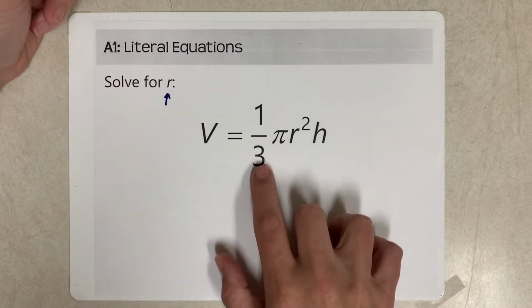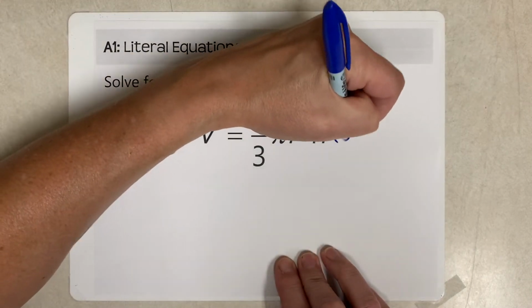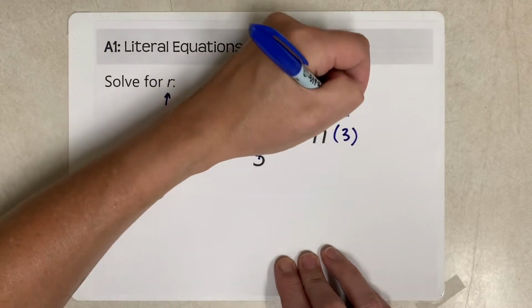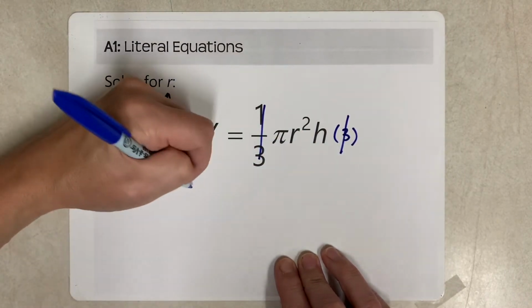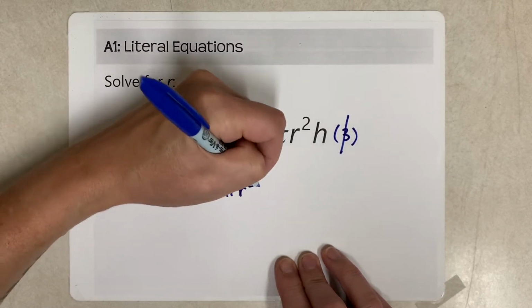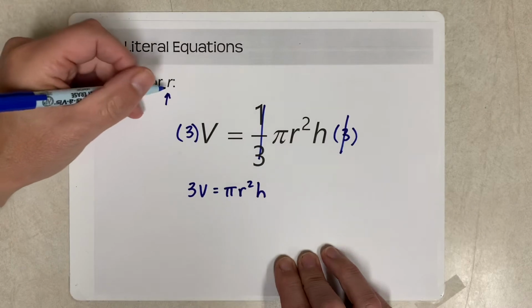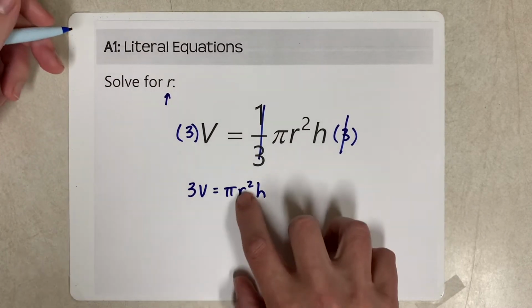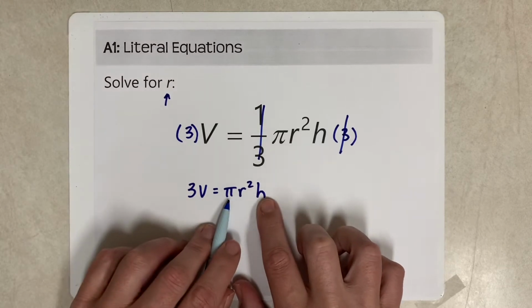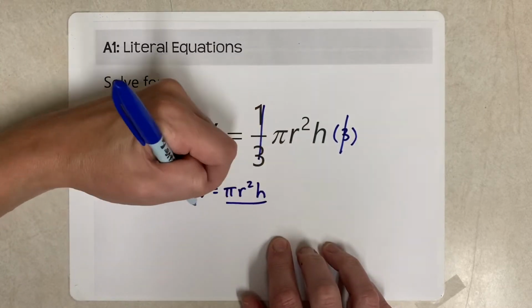So we still need to get rid of the 1/3. So our first step is to still get rid of this 3, to move this 1/3 over. So we still get 3v is equal to pi r squared h. But now we want to get r by itself. It's r squared, but we can't get rid of that until we get rid of the pi and the h.